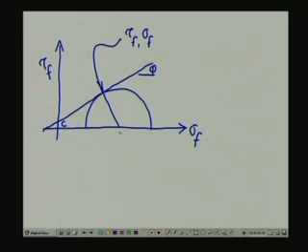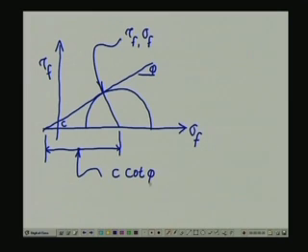Now let us consider the geometry of this situation here. Since the angle that the failure envelope makes with the sigma axis is phi, this distance here is going to be given by c cot phi plus (sigma 1f plus sigma 3f) divided by 2.